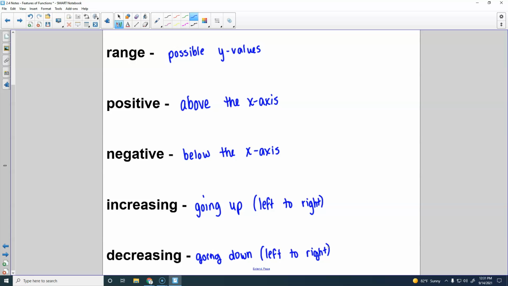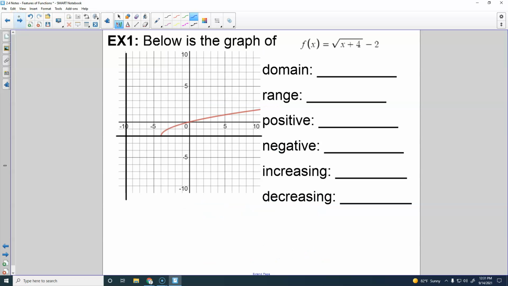So we're familiar with this stuff, but today we're going to look at some different types of functions. On the quiz, a question will only ask you one thing. So it might say, what is the domain of f of x equals square root of x plus 4 minus 2?